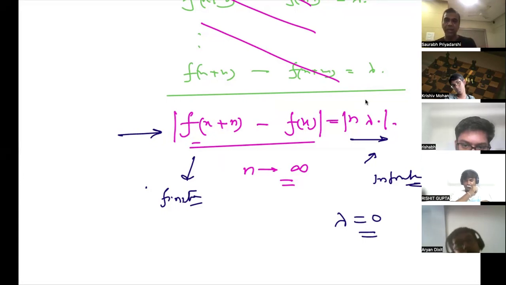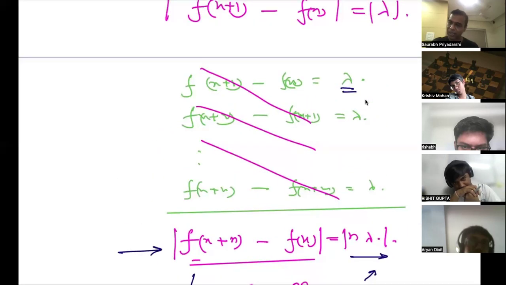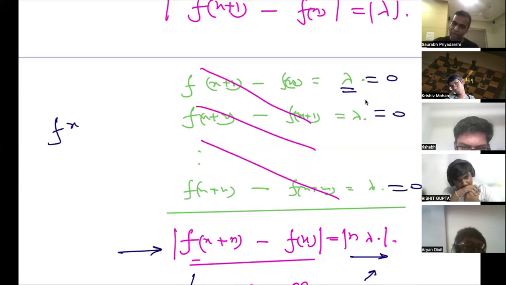But if n is a sufficiently large number, I'm not able to bound n lambda. That is possible only when lambda is equal to 0. And if lambda is equal to 0, every time this will be 0, so f(x+1) is equal to f(x).